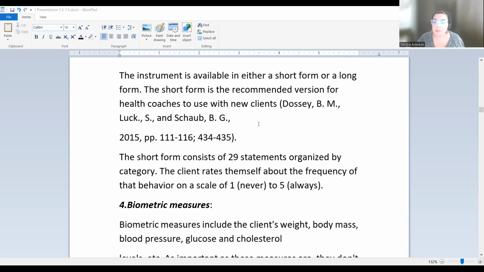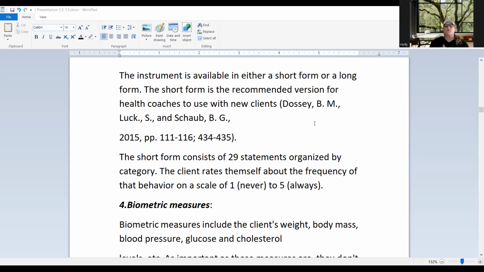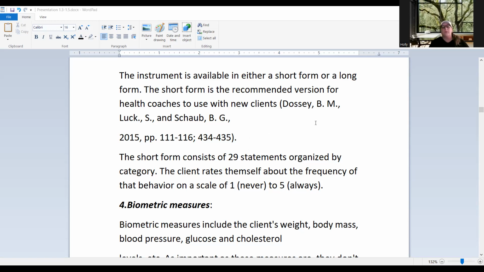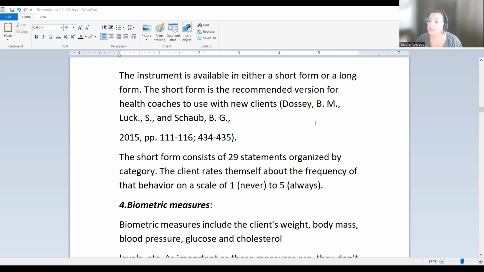And then there's the parentheses where it mentions the author of the book and the pages. So it's your information for the cohort for the competencies 1.1 through 1.3. It's all of 1.3, which has like 8 sections.